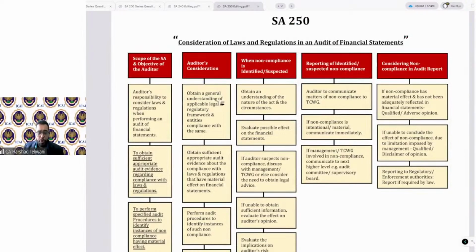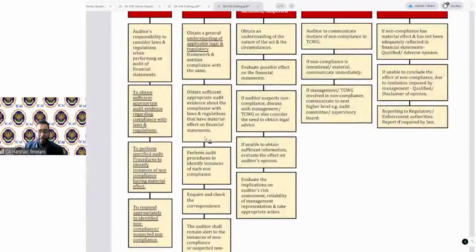So to meet these objectives, I need to understand the applicable laws and regulations. Then I need to obtain sufficient evidence by performing tests.